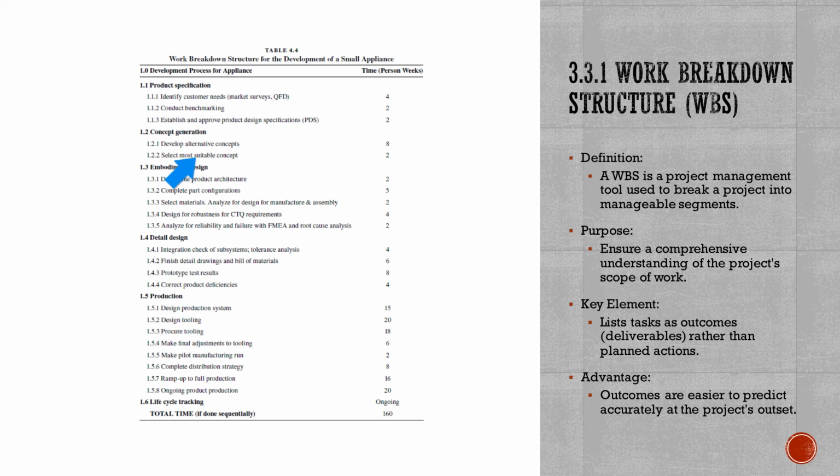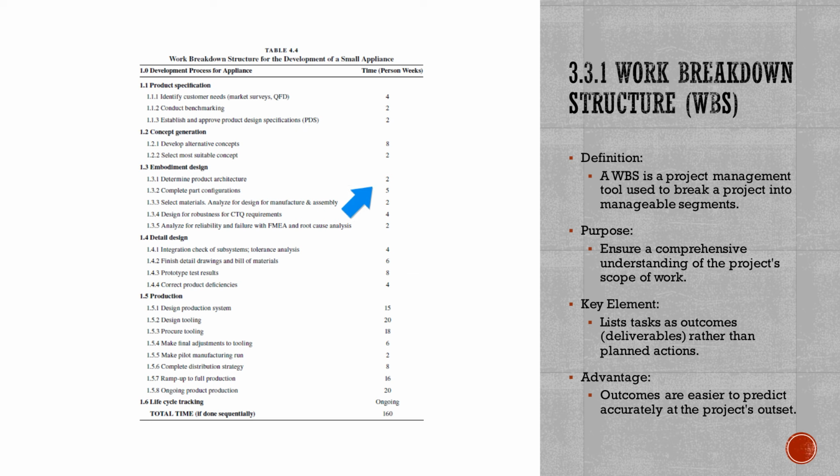And then for each activity, we will set how much time is needed. For example, under identify customer need, it is set at maybe four hours, and for conduct benchmarking it is at two.